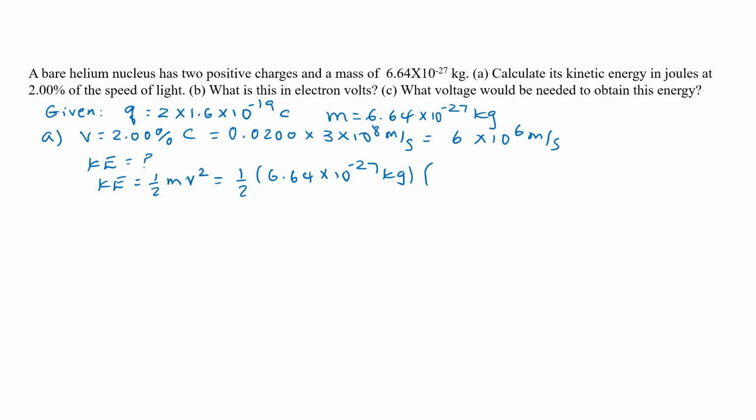And the velocity, which is calculated from the speed of light, is 6 times 10 to the 6 meters per second, squared. And that yields 1.20 times 10 to the power of negative 13 joule.